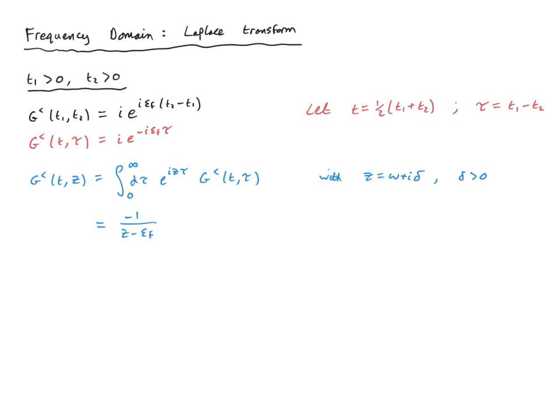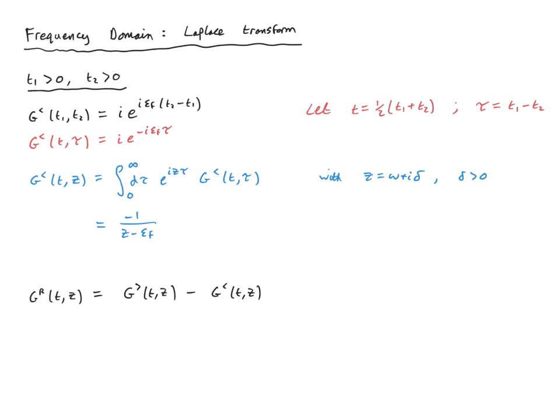This is actually as expected because, as we argued right at the beginning, when both t1 and t2 have the same sign, we'll have an equilibrium situation. In this case, with t1 and t2 both greater than 0, the dynamics are controlled by the final Hamiltonian, and therefore we have epsilon_f appearing downstairs here. As before, we can now define a retarded Green's function of the complex variable z in terms of g greater minus g lesser.